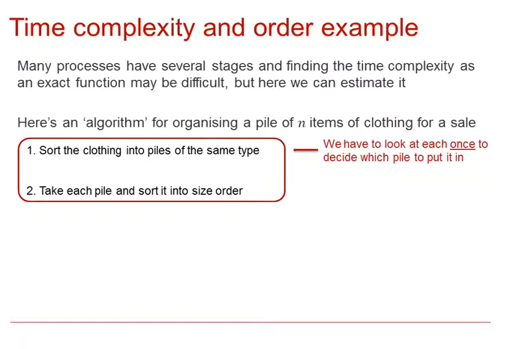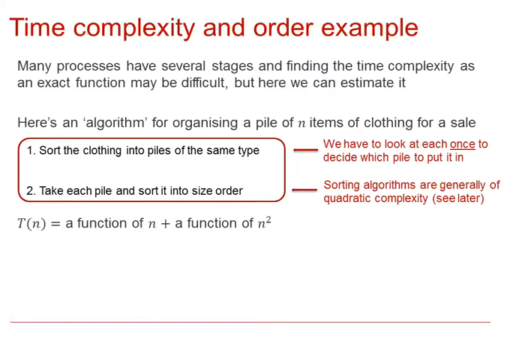We can see that we'd only have to look at each item once to decide which pile to put it in. However, with taking each pile and sorting it into size order, sorting algorithms are generally of quadratic complexity, and we'll look at this further later on.